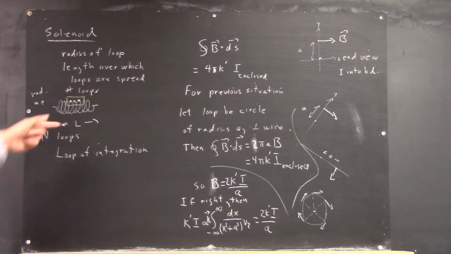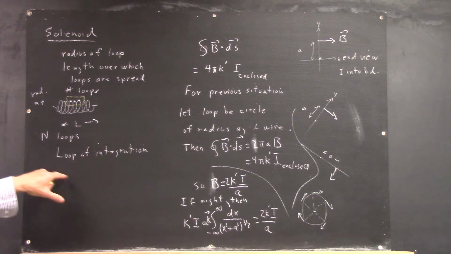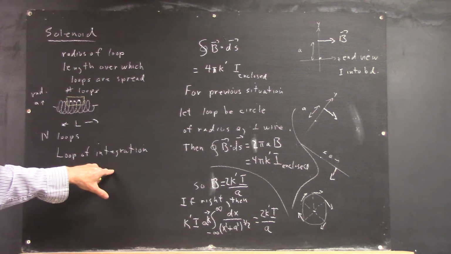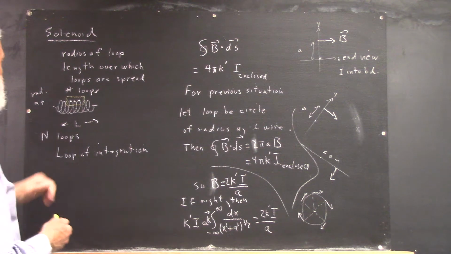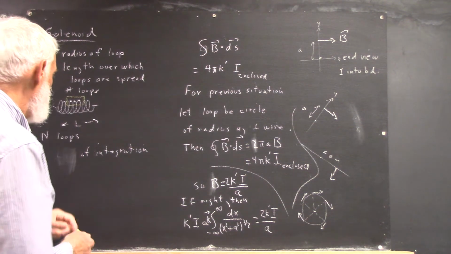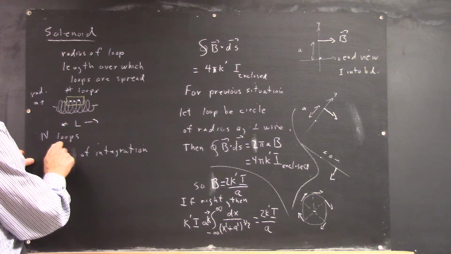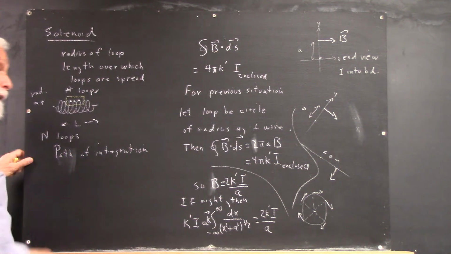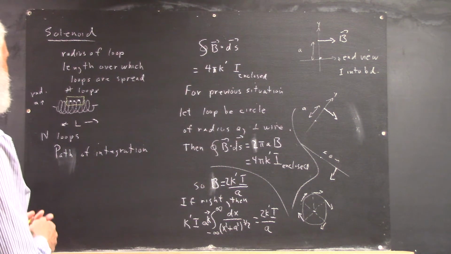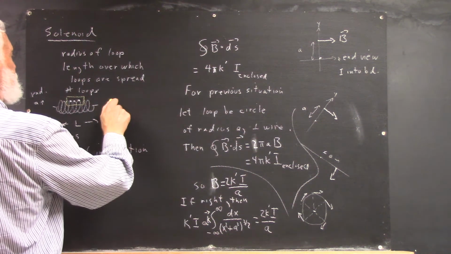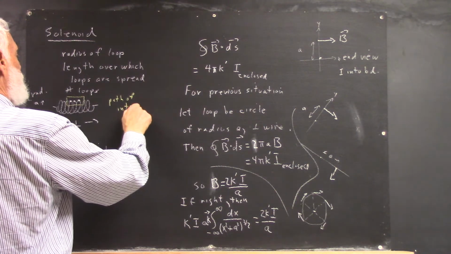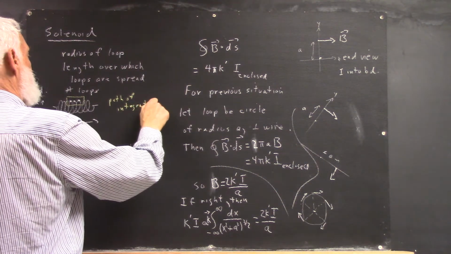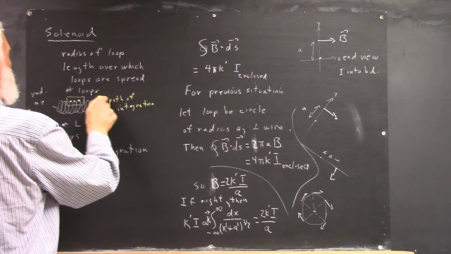I'm using the word loop for each loop of this coil, and I've got the word loop for the loop of integration, right? So I don't like using that word twice. The path of integration. This thing.